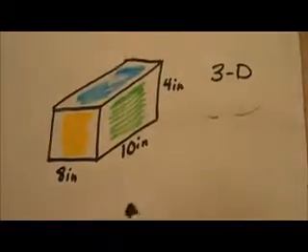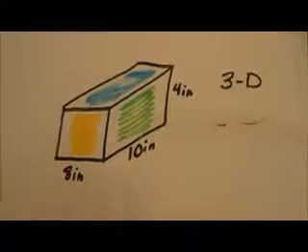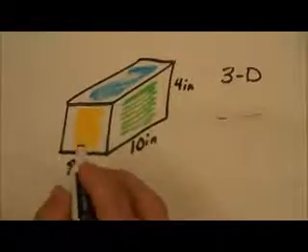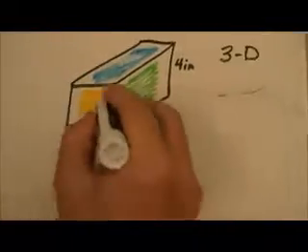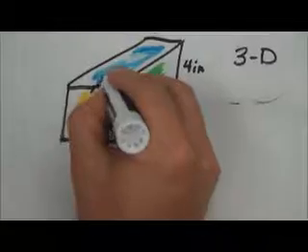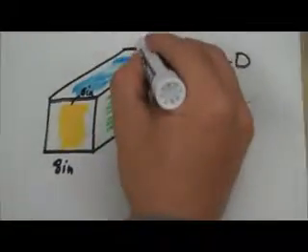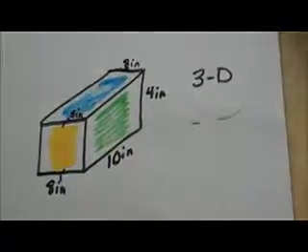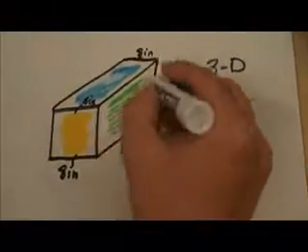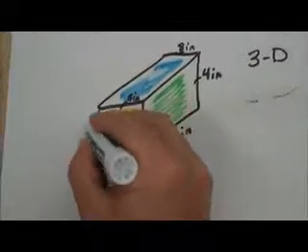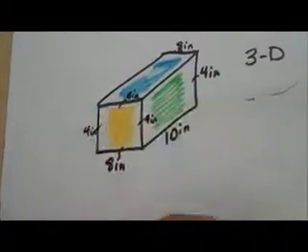Now, if I want to find the surface area of this, one thing that we talked about in class is to focus in and think, okay, if I've got 8 inches here, that actually means I have 8 inches here and 8 inches up here, because these will be parallel to each other. If I've got 4 inches here, that means I've got 4 inches here, which means I have 4 inches here.